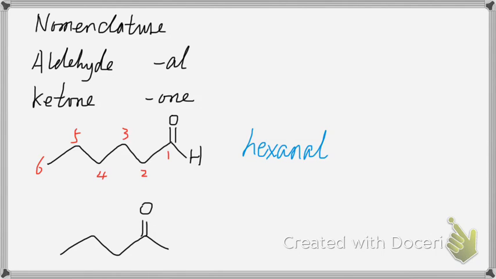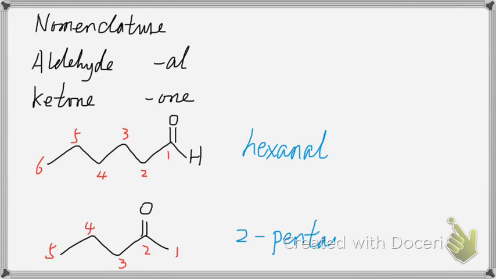Next example is a ketone. We have a carbonyl inside the carbon chain. There are two carbon atoms attached to the carbonyl carbon. When we number the carbon chain, we want to give the carbonyl the lower number.